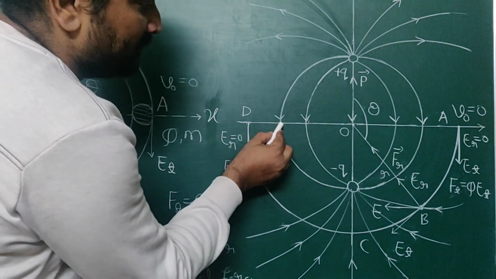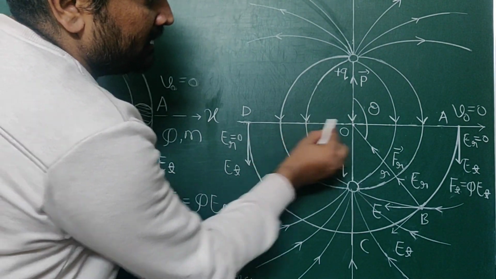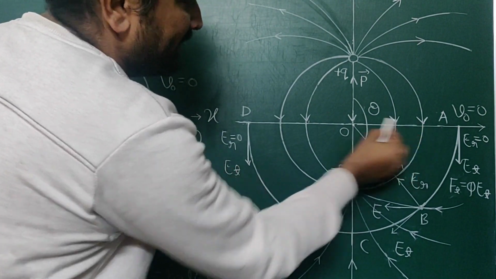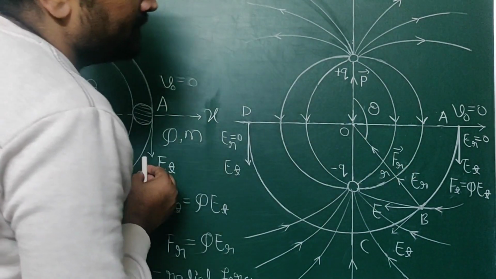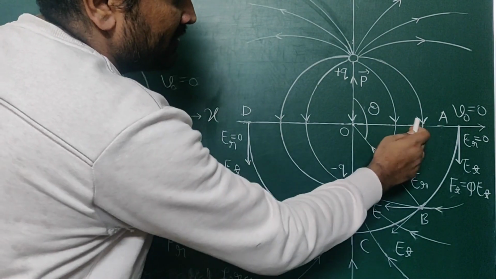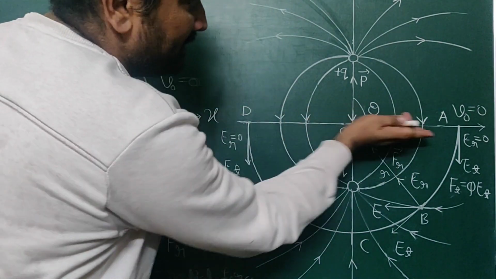Now, even for this point and this point and this point and this point, the radial component of the electric field is 0 because all these points lie on the perpendicular bisector of the dipole.